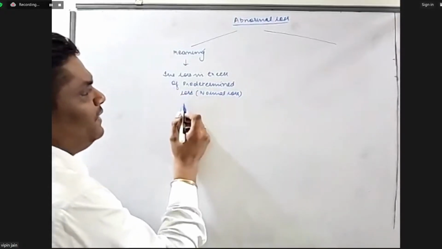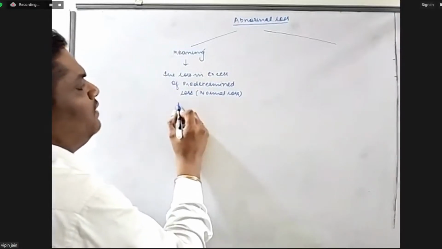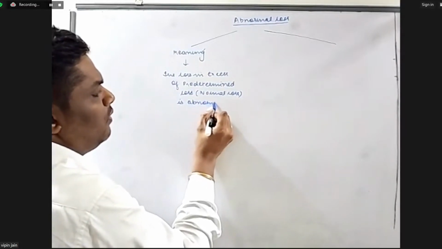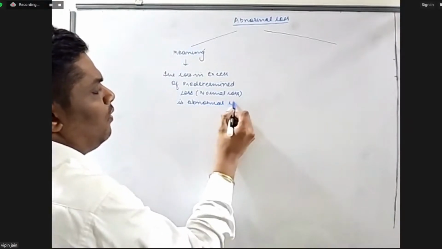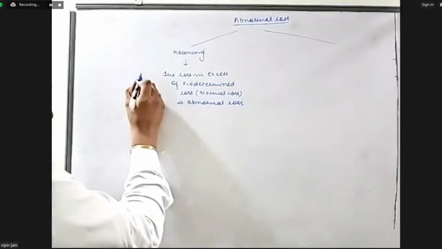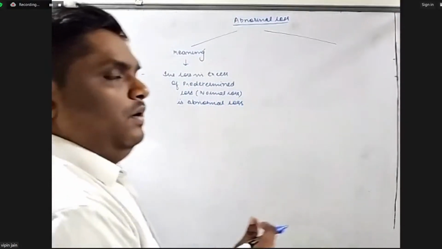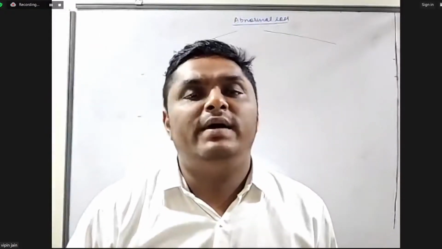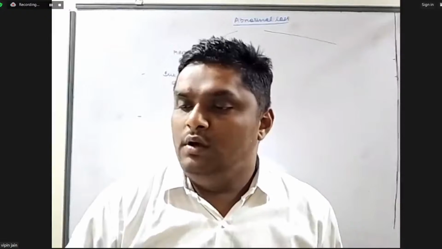The loss in excess of predetermined loss is abnormal. What is abnormal loss? The loss in excess of predetermined loss is abnormal loss.